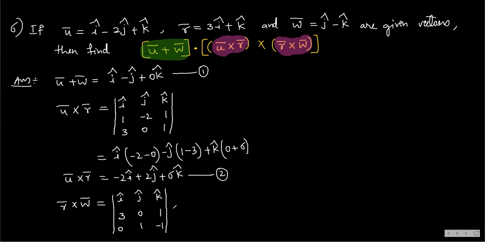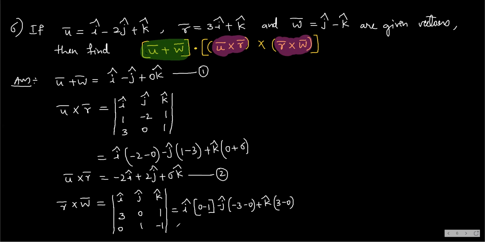So this gets you i cap into 0 minus 1, minus j cap into minus 3 minus 0, and k cap into 3 minus 0.